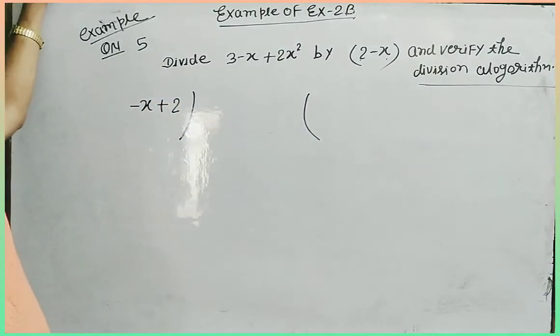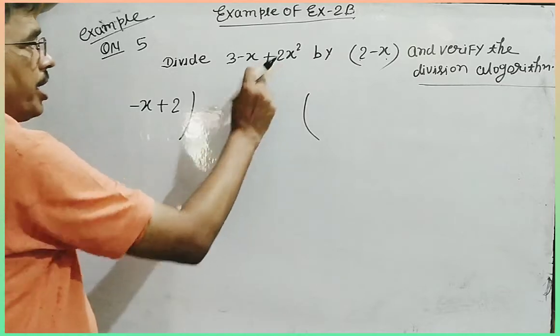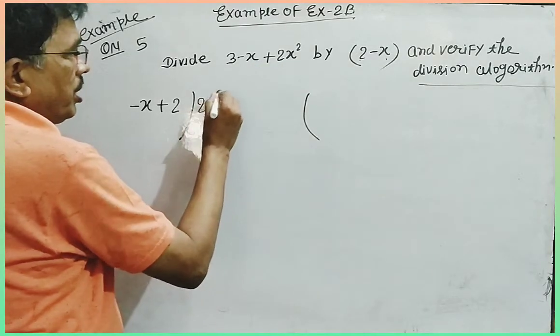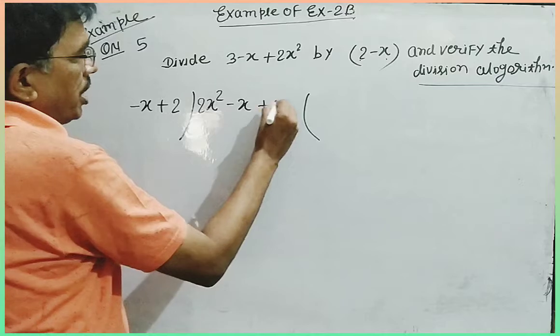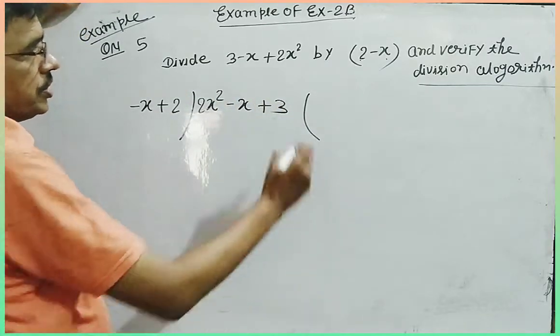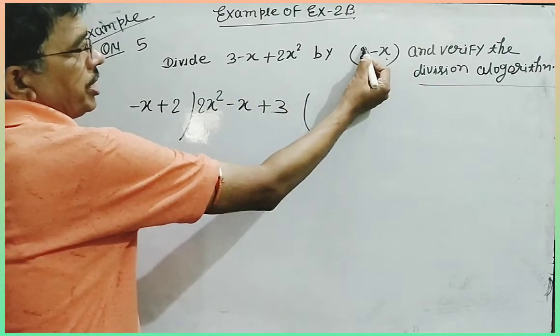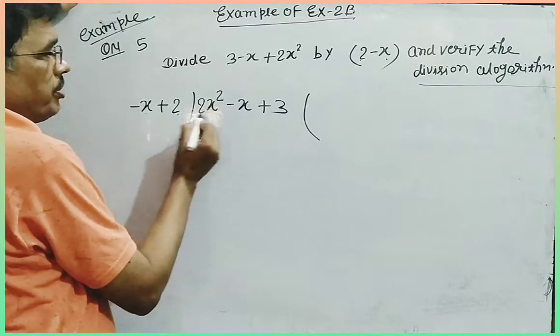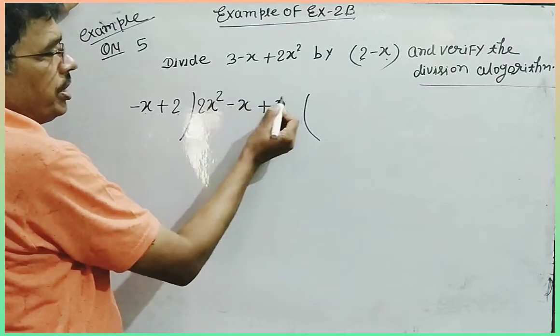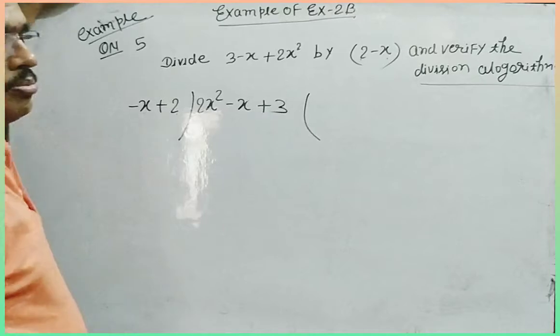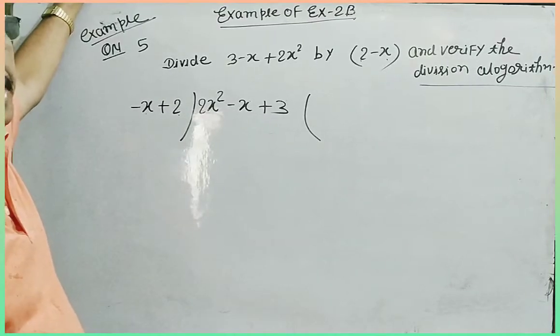First arrange the polynomial. Similarly here, first write 2x square, then minus x and then plus 3. So arrange both polynomials according to their degree.